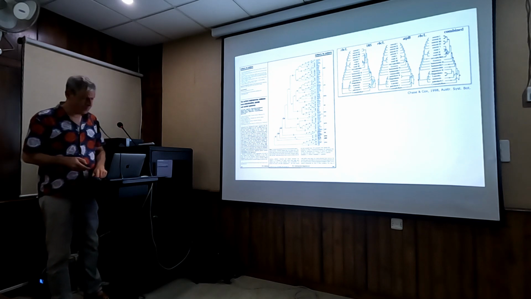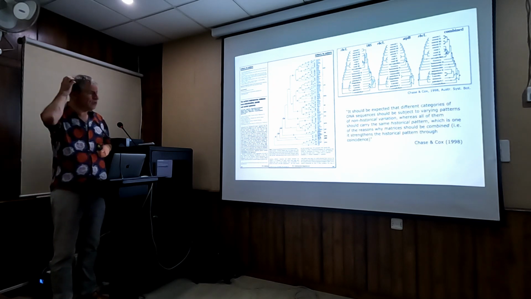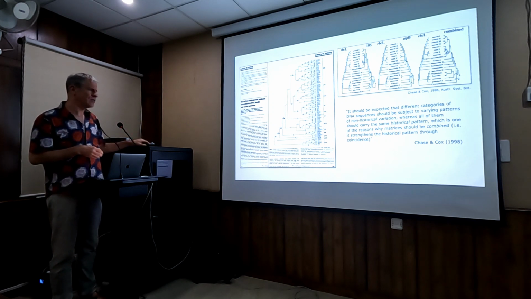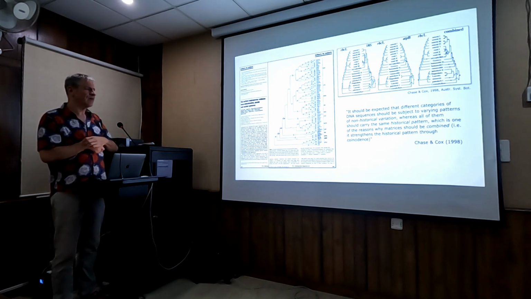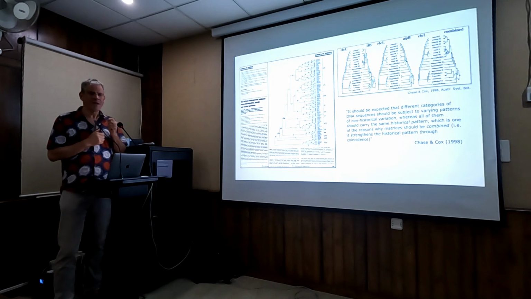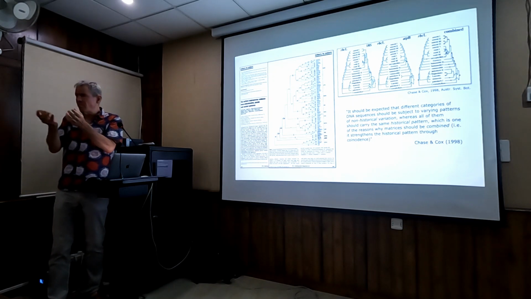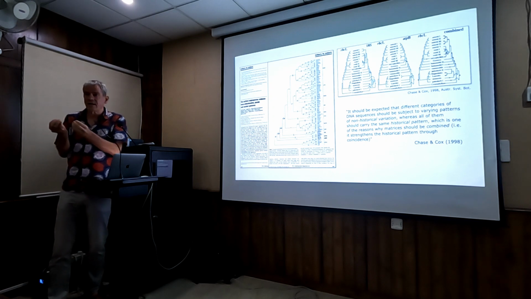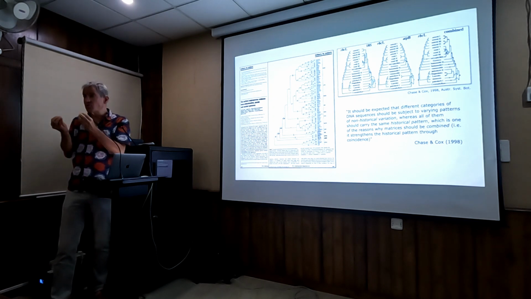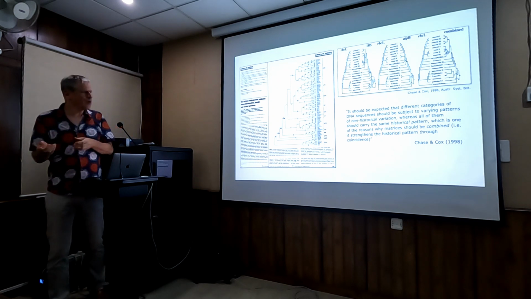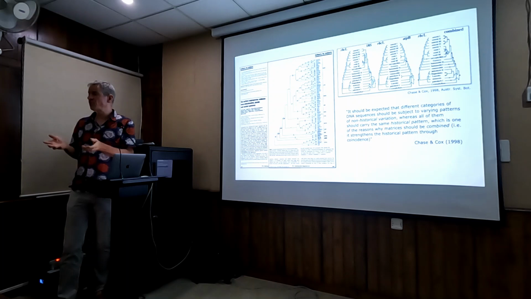That's good. And so they write, it should be expected that different categories of DNA sequences should be subject to varying patterns of non-historical variation, whereas all of them should carry the same historical pattern. In other words, if you combine multiple loci, they all, to some extent, carry historical patterns, so the true phylogenetic pattern, but they also carry some noise.